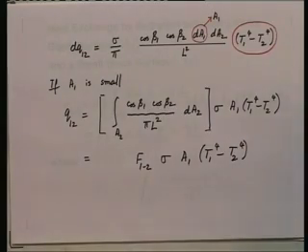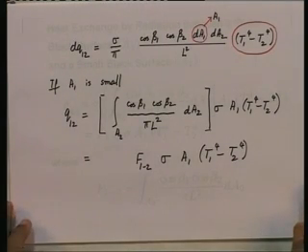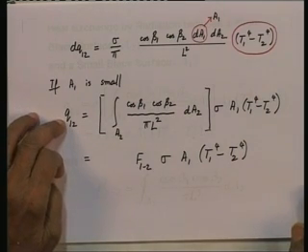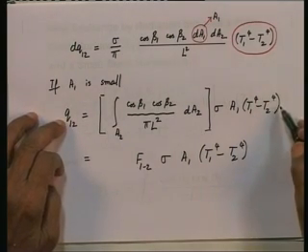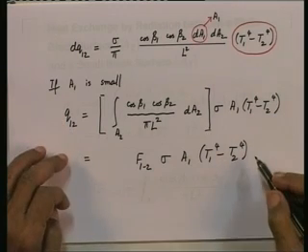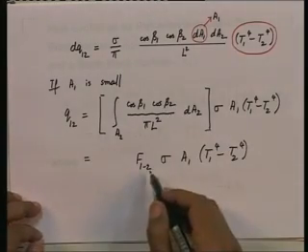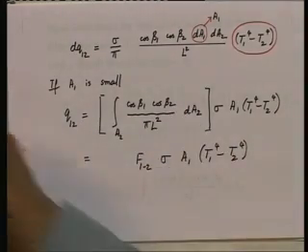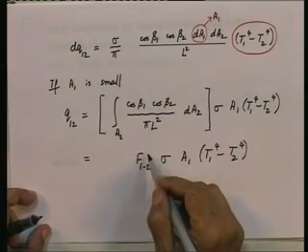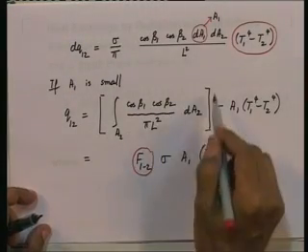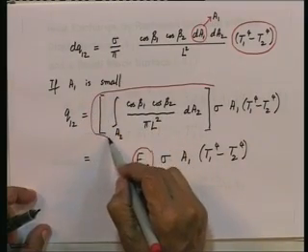So, again now I have an expression for the heat exchange by radiation between a small surface A 1 and a large surface A 2, and the expression is given here. I can use the first expression, or I can use the second expression which is in terms of a shape factor f 1 to 2 being nothing but the quantity within the square bracket.